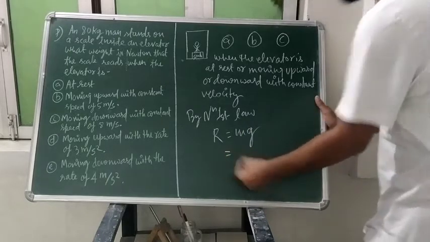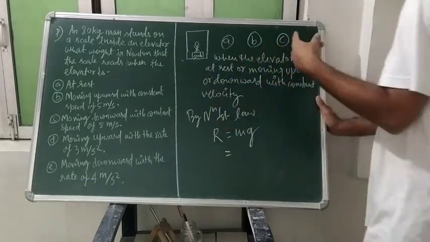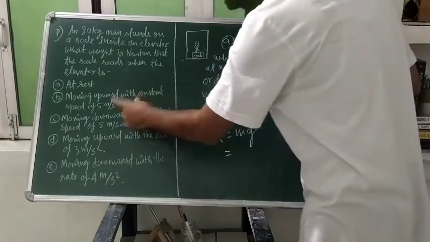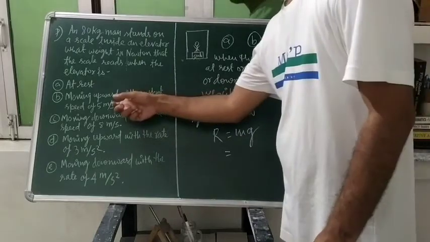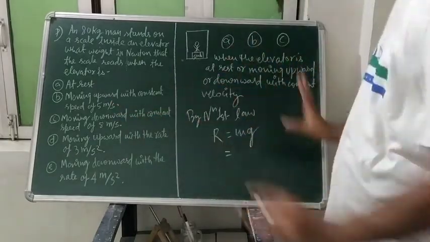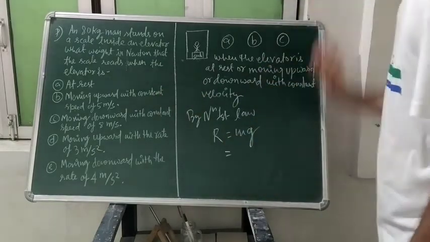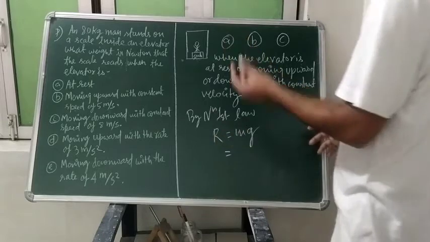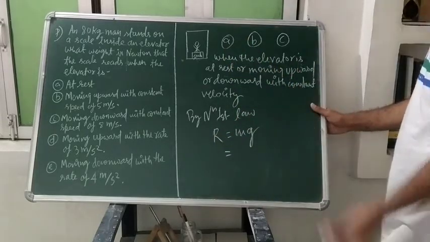This is the situation we have seen for all three cases. Whatever speed they give, it is constant. So for this constant speed, by Newton's first law the reaction, that is the apparent weight, will be equal to the weight of that person.